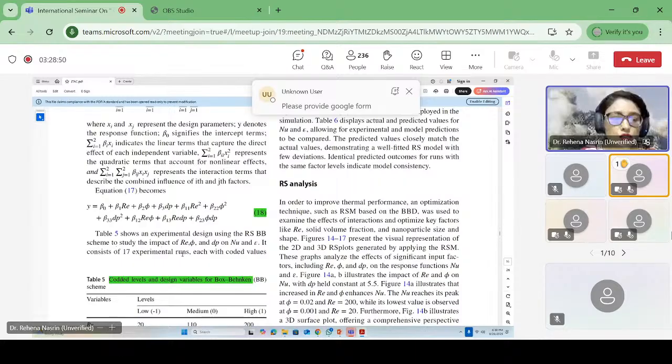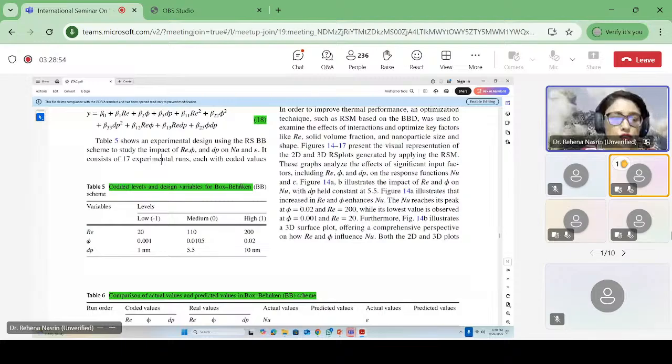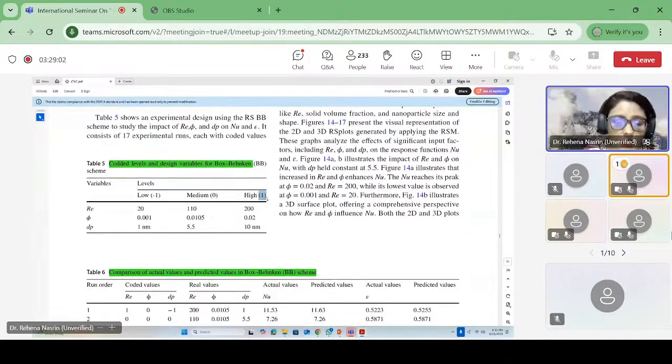So we use here the Box-Behnken method, BBD. These are the coded values. The lowest value is known as -1, the highest value is known as +1, and the middle value is known as 0.